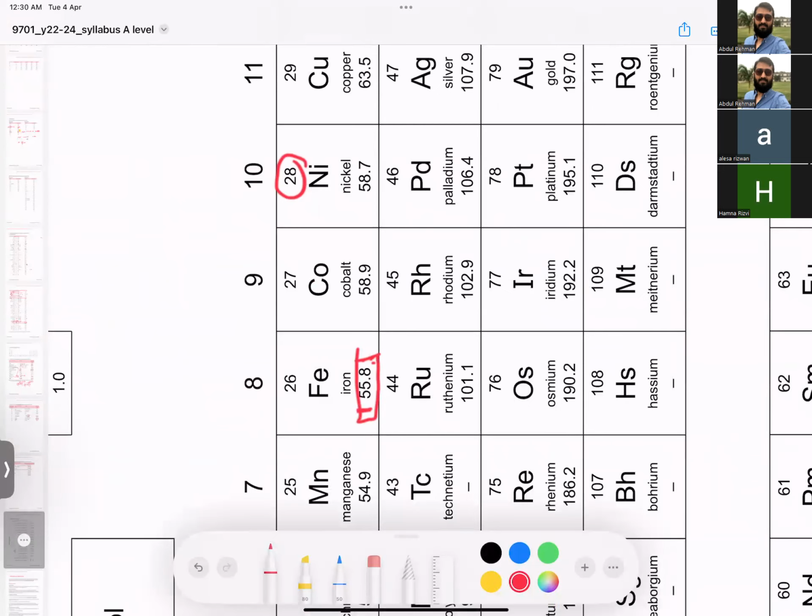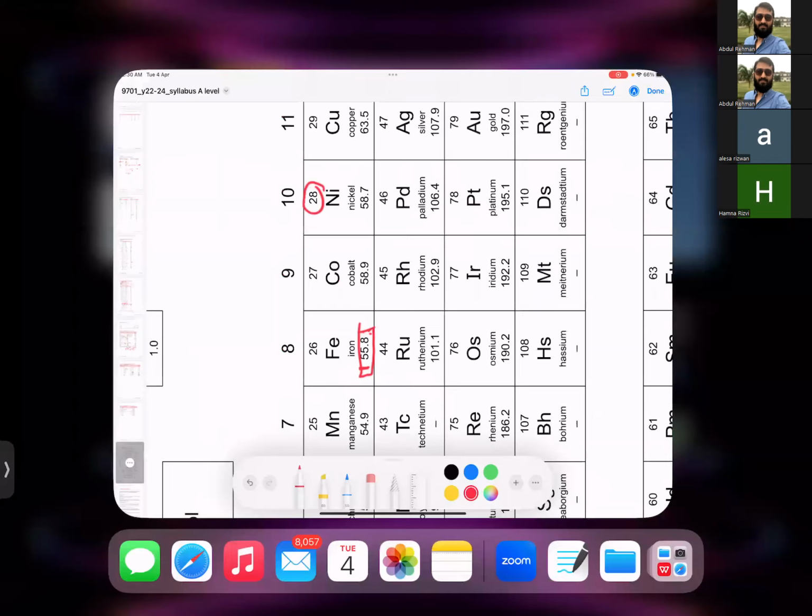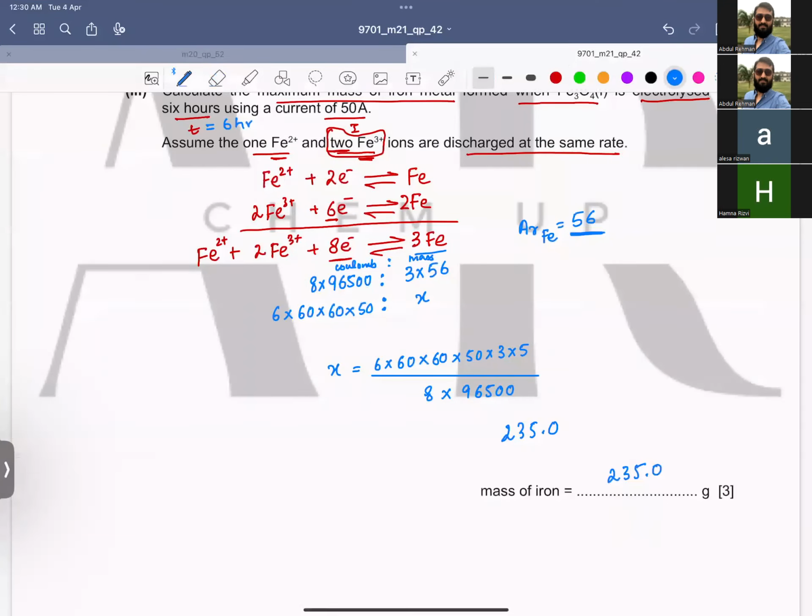It's 55.8 in the A levels periodic table. So just take it as 55.8, not 56. Now, can anybody tell me the answer? 234.2. Okay, thank you. 234.2.